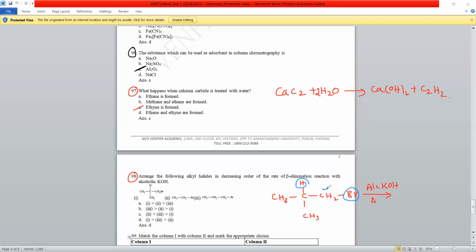This is the alpha carbon, this is the beta carbon, so this is beta elimination. We get 2-methylpropene.